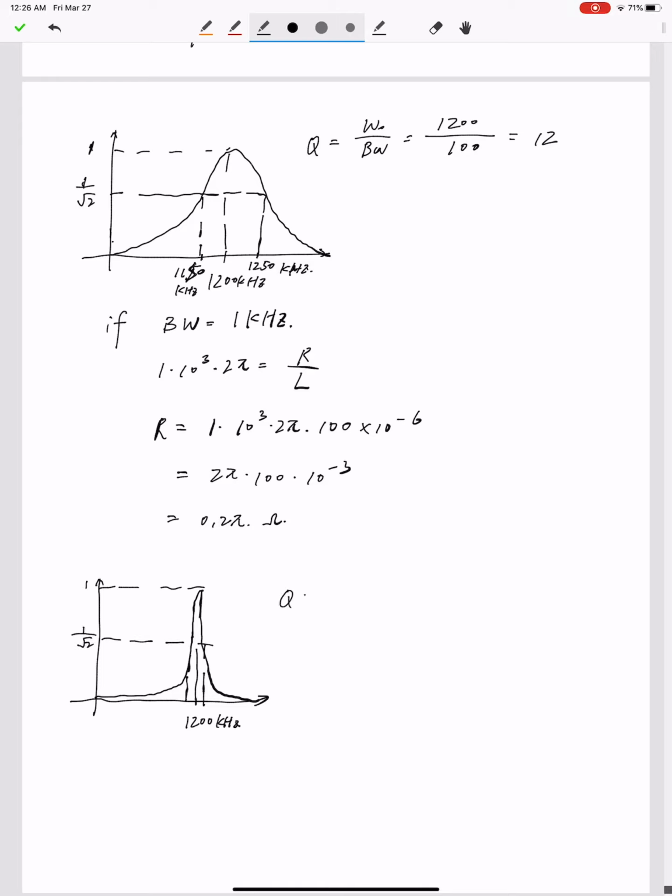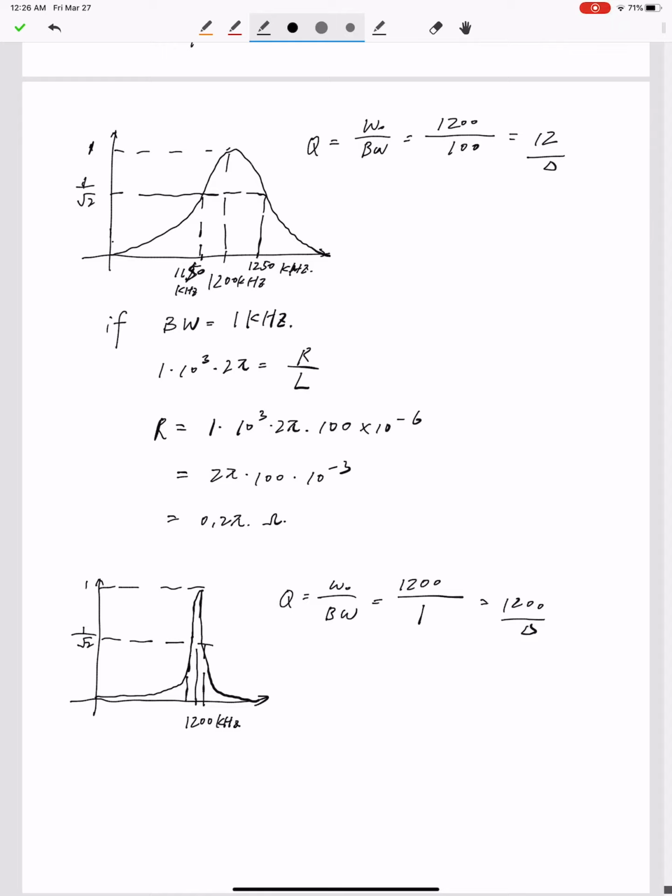And the quality factor, omega 0 over bandwidth, will be 1200 kilohertz divided by 1 kilohertz, which is 1200, right? So this time the quality factor is much larger than the previous one if you compare these two numbers.